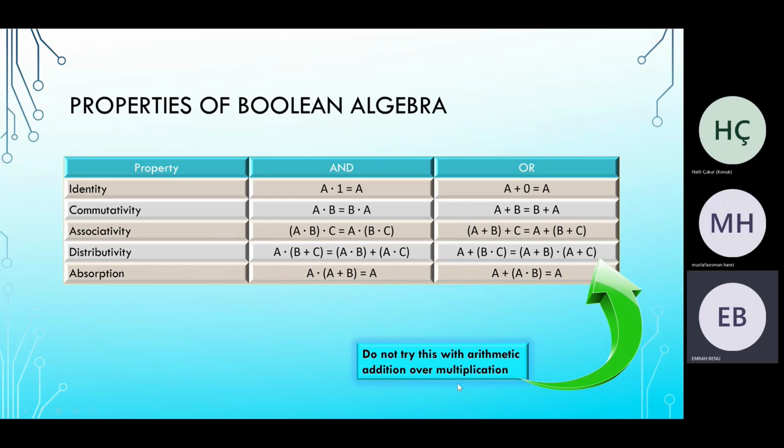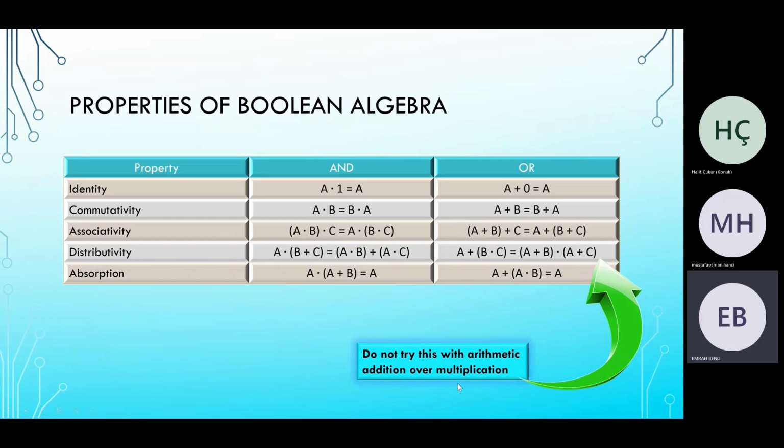And the absorption, for example, this one, if you are thinking arithmetic, then you will see that this is A squared plus AB. But where is AB? Okay, we can say that A and A, which is A squared, can be A, but why A and B disappeared?